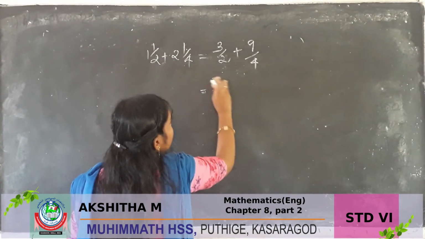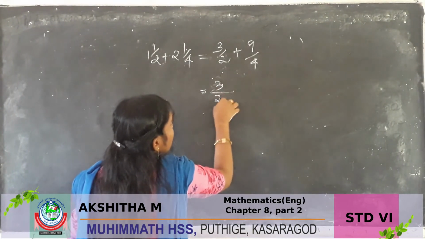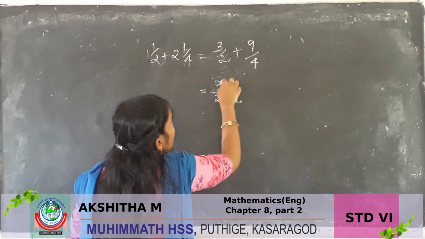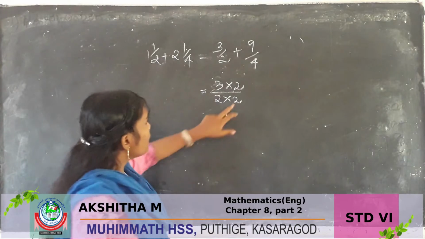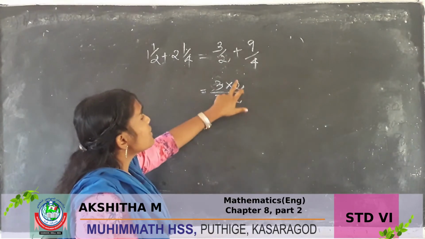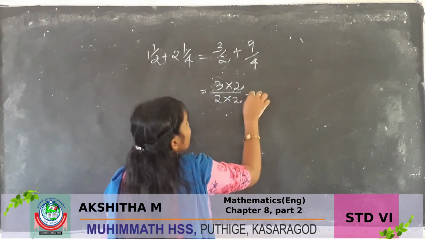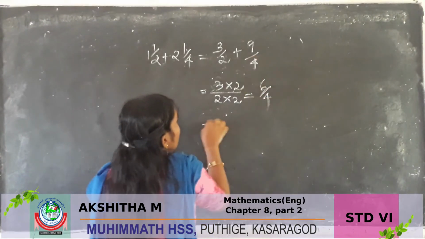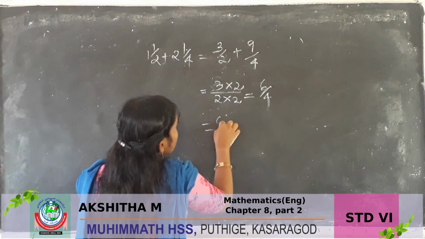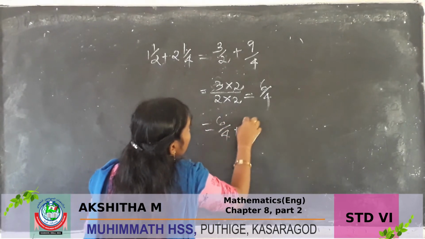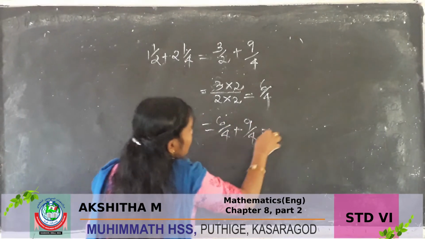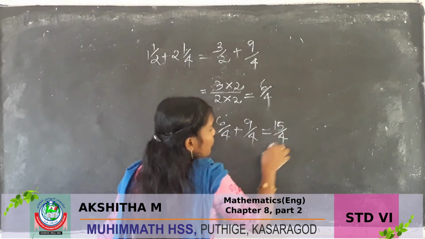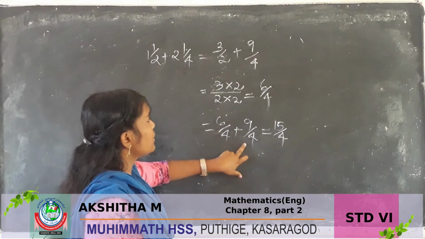3/2, 2 into 2 is 4, 6 by 4. So 6 by 4 plus 9 by 4 is 15 by 4. Here you can see same denominator.